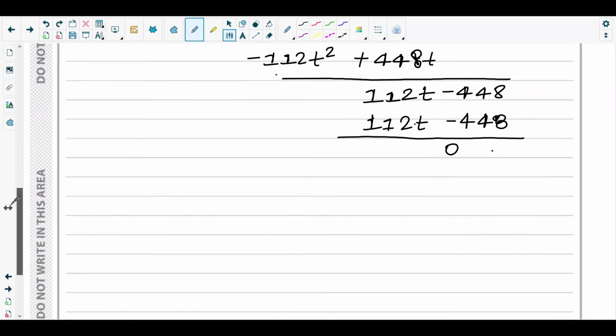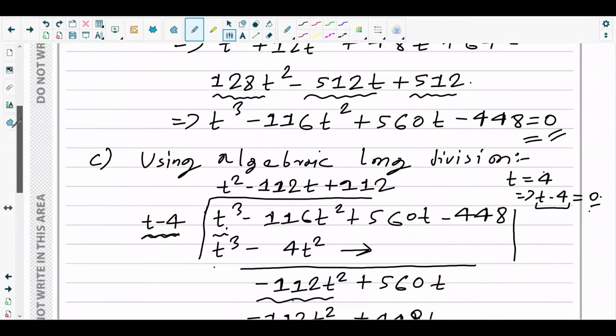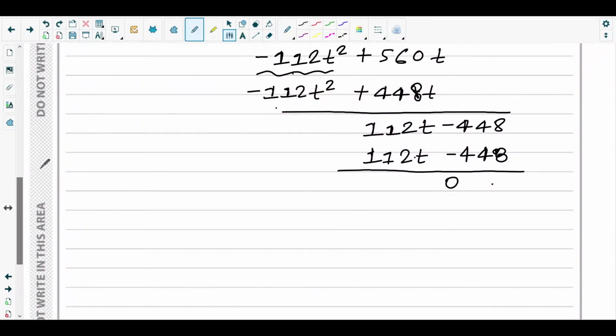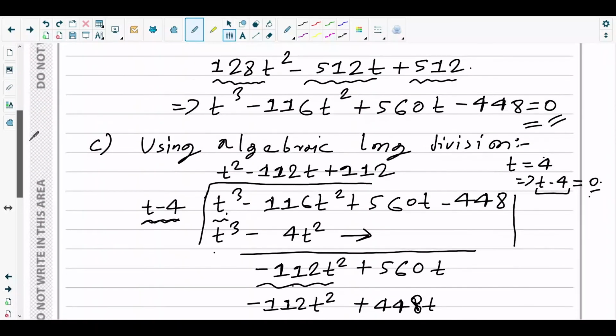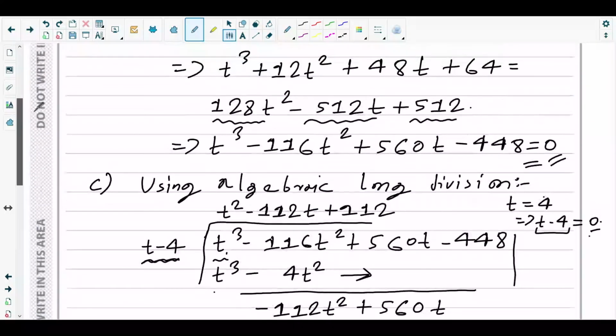So t cubed minus 116t squared plus 560t minus 448 equals 0, the equation that we found in part B, can be written as t minus 4 times t squared minus 112t plus 112 equals 0. Fine.